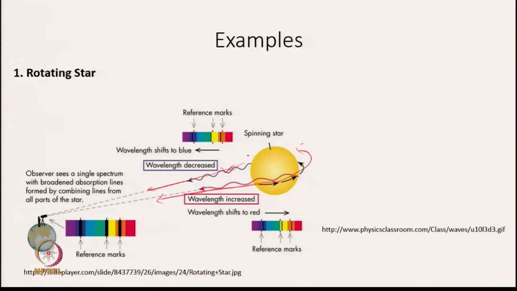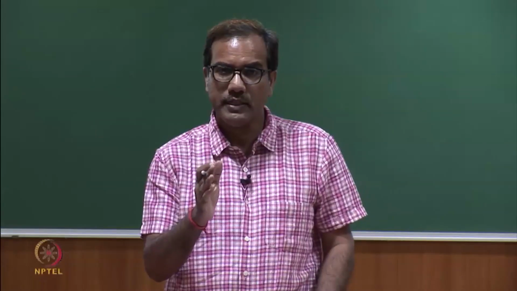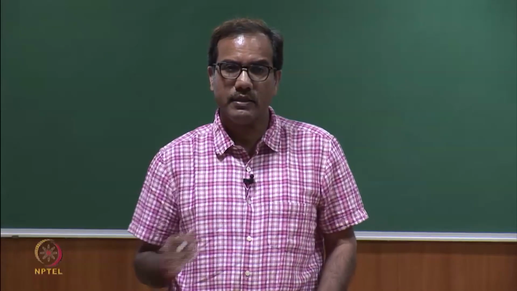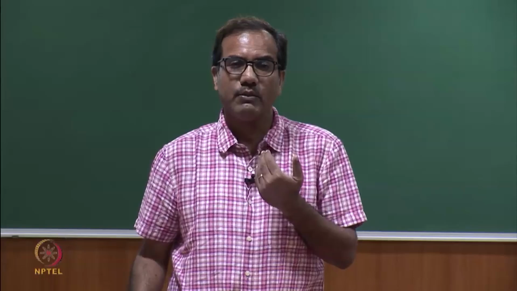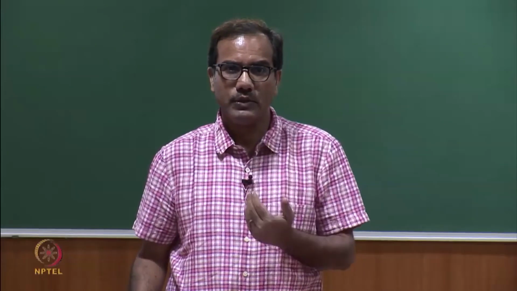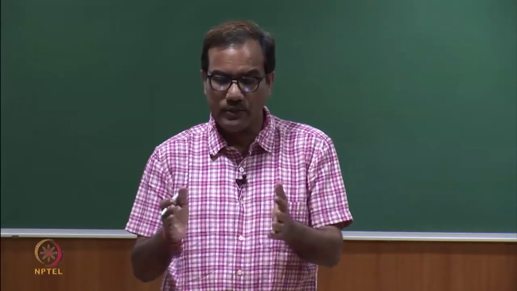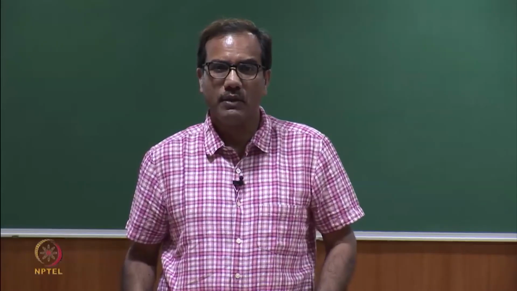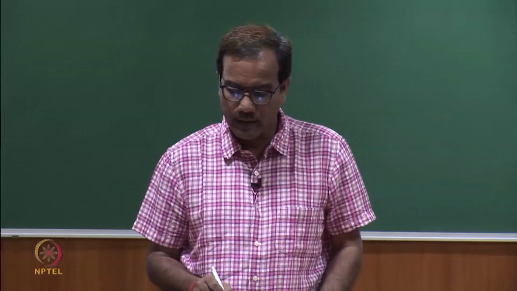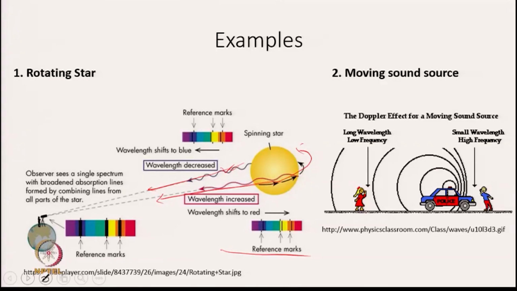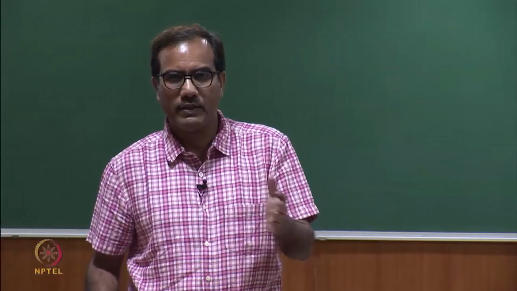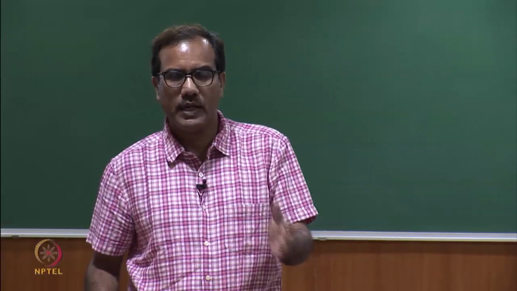The one going away from the detector is red shifted, those coming towards you are blue shifted, and thus a whole range of spectra will be obtained, and that is why you see a continuous spectrum. So, this is the effect of the Doppler effect on light.